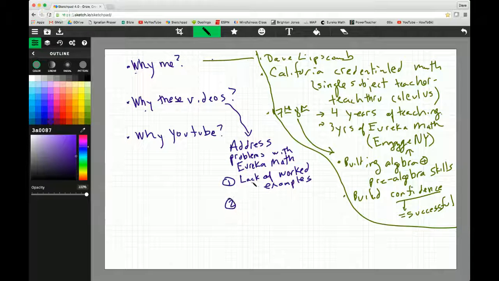Number 2, it doesn't show you the steps for working problems. So if you're solving the quadratic formula and you don't have a list of steps, you may have a hard time doing your homework if you didn't take good notes in class. Now, math isn't just a set of steps that you memorize and then execute over and over again.